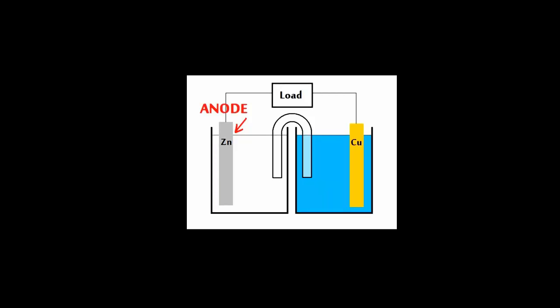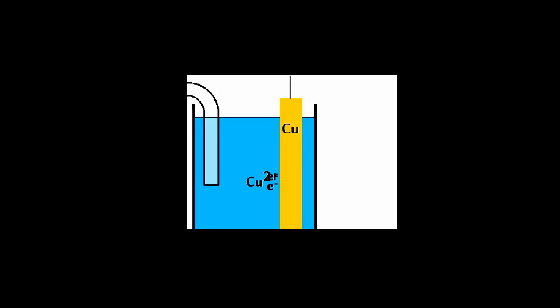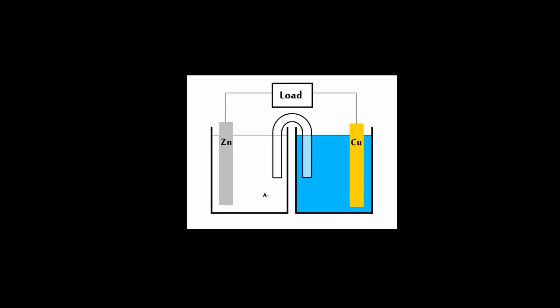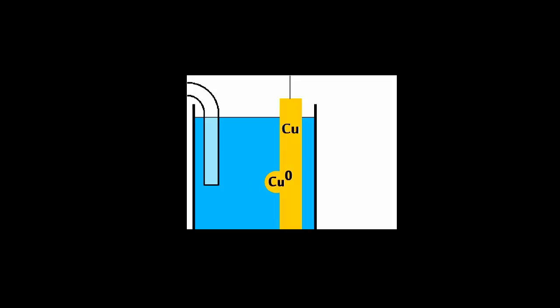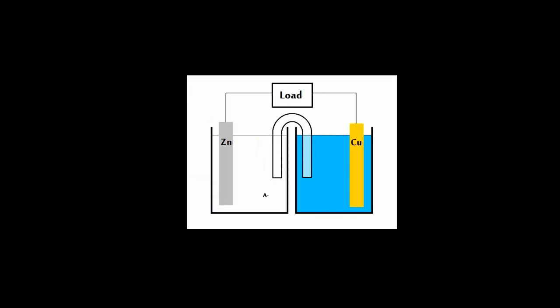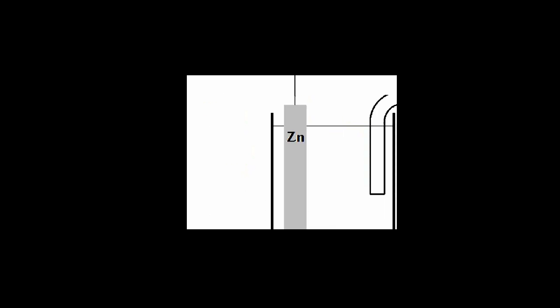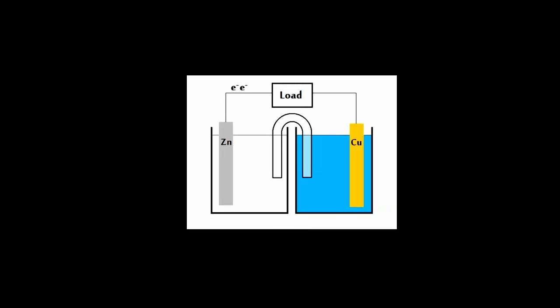We start at the anode, electrons are lost there, and go through the wire, and through the load on fire, they enter the cathode and reduce the cations, and the anions go through the salt bridge back to where? The anode!